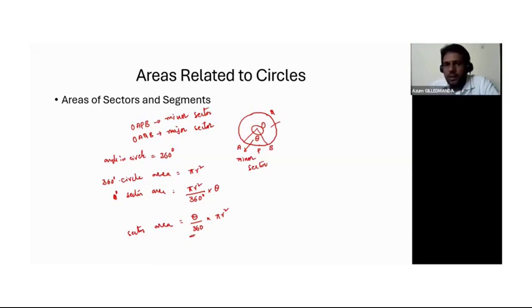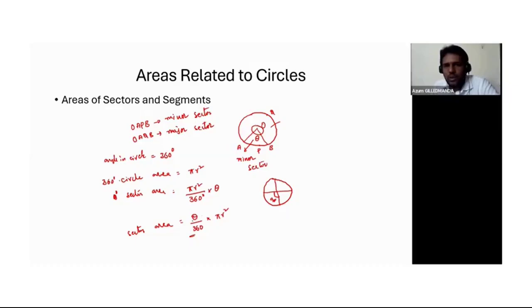For example, I have a circle here, which I divided into 4 parts. So what is this angle? Each angle is 90 degrees, right? If I divide into four equal parts, then these are 4 sectors, each with an angle of 90 degrees.